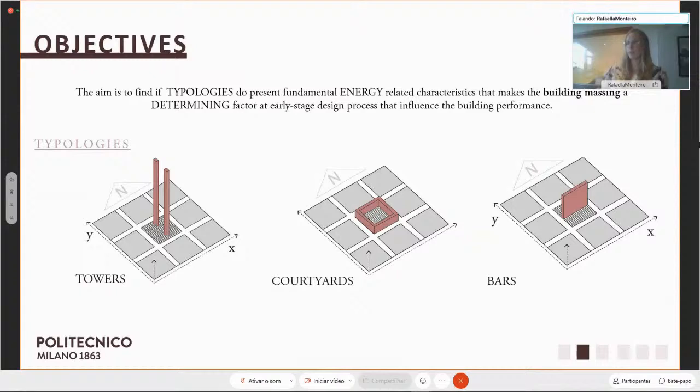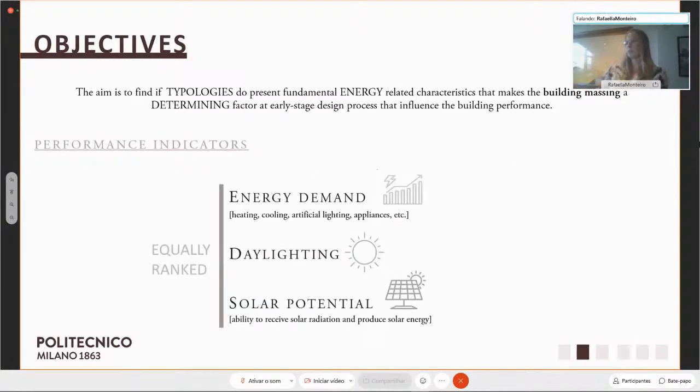We will be studying three typologies, towers, courtyards, and bars, with regard to three performance indicators: the energy demand, that accounts for the heating, cooling, artificial lighting, and appliances; the daylighting and comfort conditions; and the solar potential, which is the ability of a building to receive the solar radiation and produce solar energy from that.